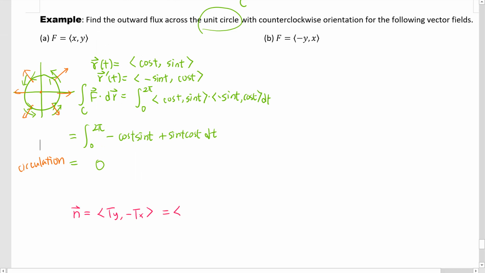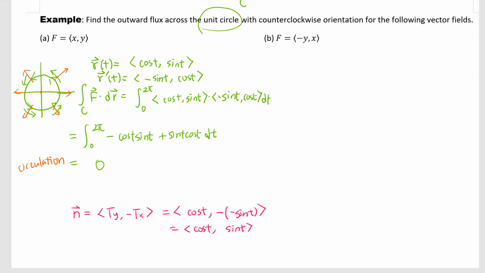That is the second component of r prime or gamma prime, right? The velocity. So the second component of the velocity is cosine t, and then minus, what's the first component of the velocity? Negative sine t, right? So this is the same as cosine t, sine t. So far, so good, everybody?